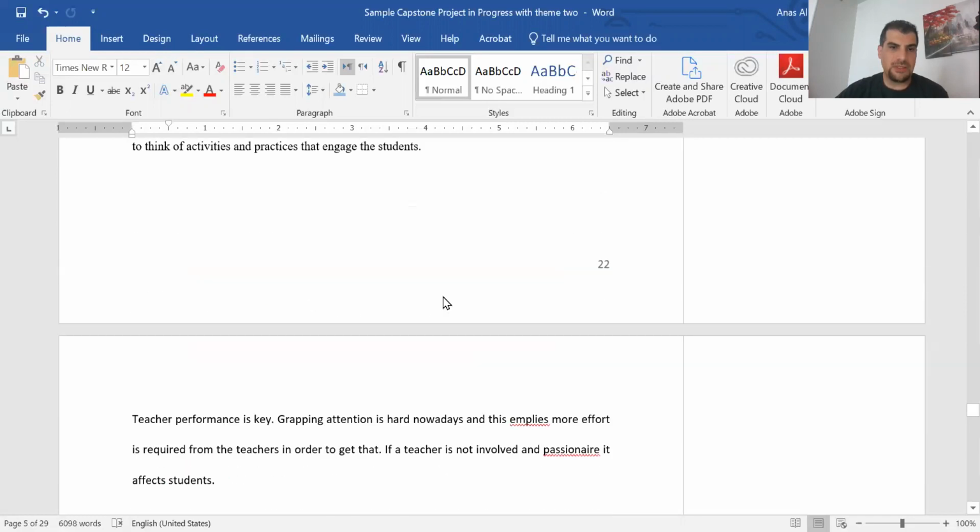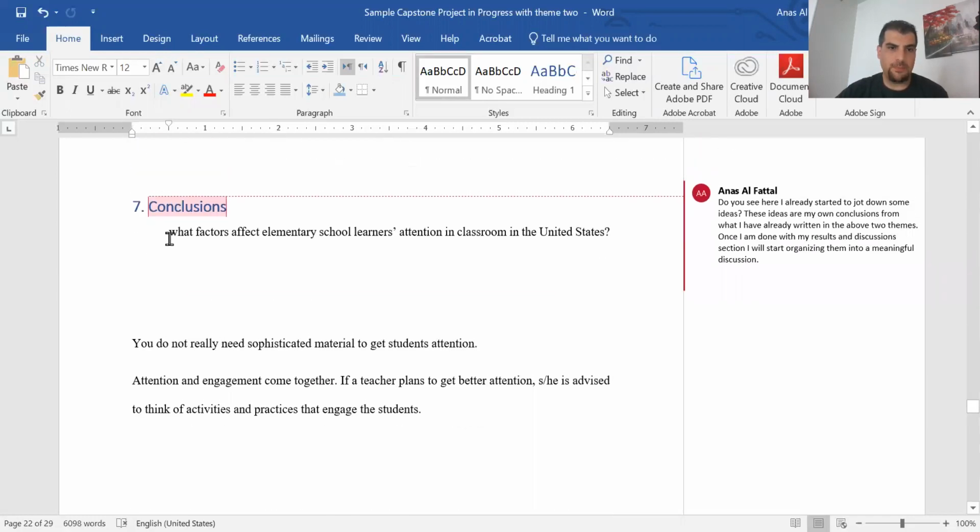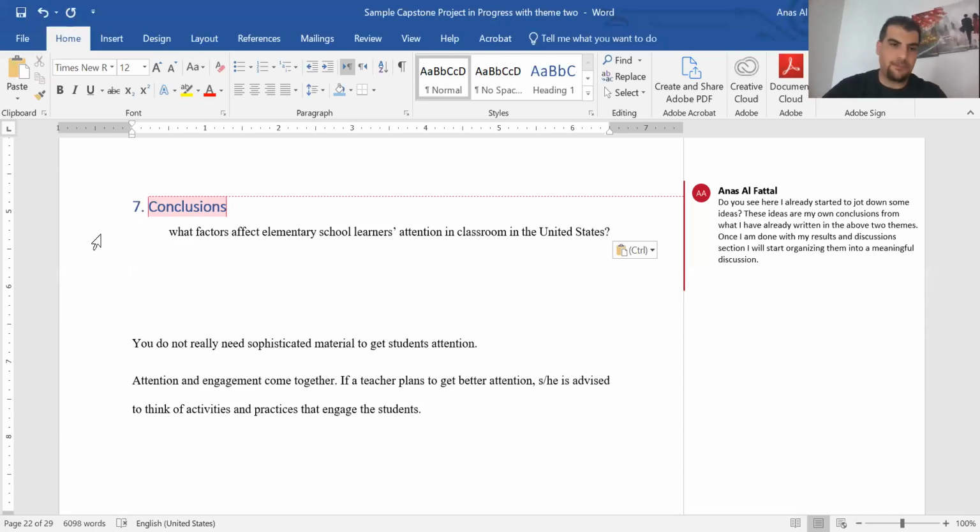So I go to the first line here, and I paste my question. Why is it important to put the question right from the beginning? It is important because a major part of the conclusion will be how you answer this question. You want to state the answer to the research question in a very clear way.